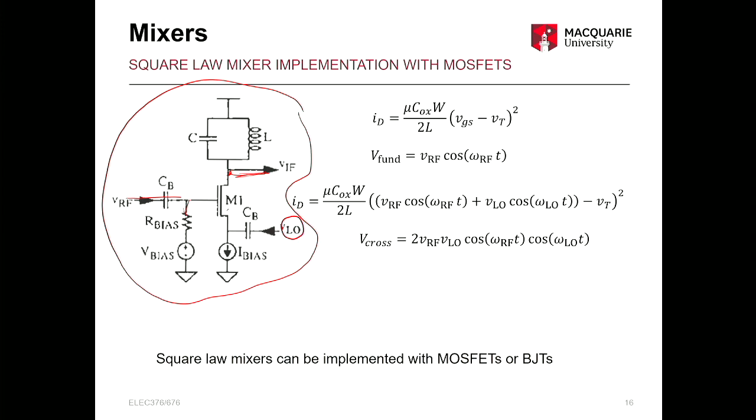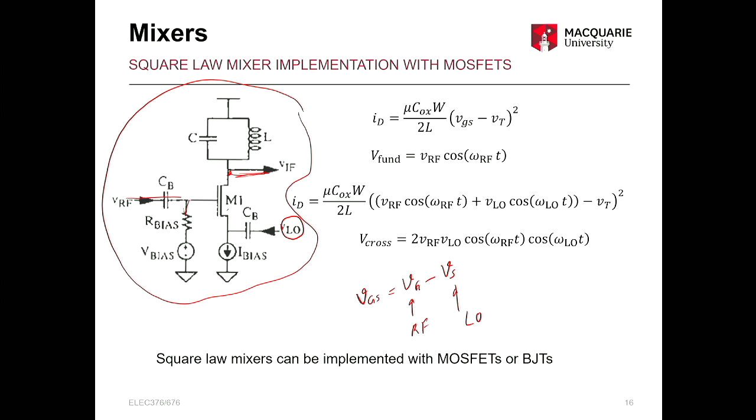So what we are actually doing is, VGS is VG minus VS. We are giving the RF to the gate and LO to the source.